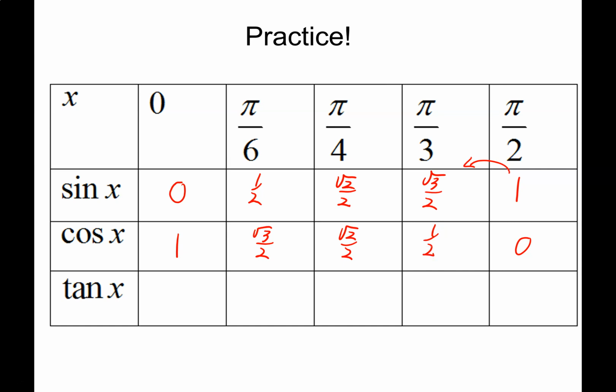Now, tangent is basically, remember like I said, tangent is like saying sine of x or sine of theta over cosine of theta or cosine x. So if I take sine, which is 0, divided by 1, that's 0. Pi over 6, if I take 1/2 and divide it by root 3 over 2, that is the same as 1/2 times 2 over root 3, which gives you 1 over root 3, which you rationalize and get root 3 over 3.